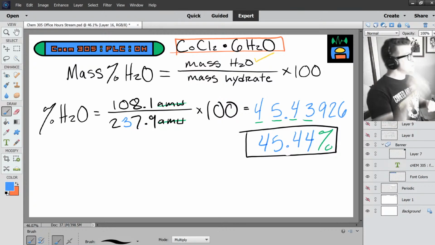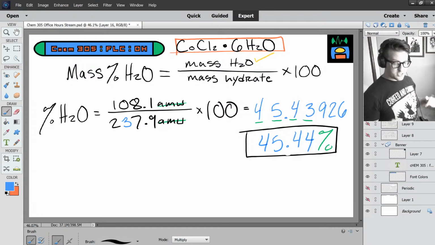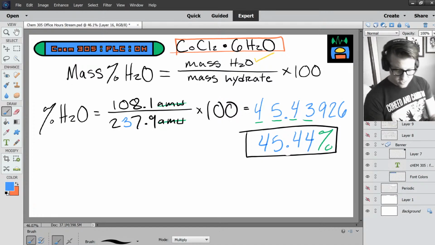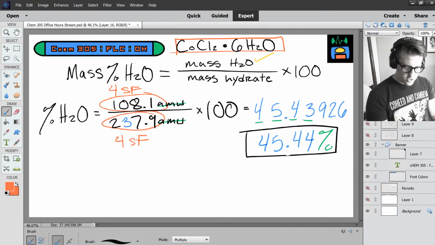Okay, there are 2 sig figs in the decimal for the final answer, but only because notice that we used 4 sig figs in our numerator and 4 sig figs in our denominator, so our answer must have 4 sig figs.